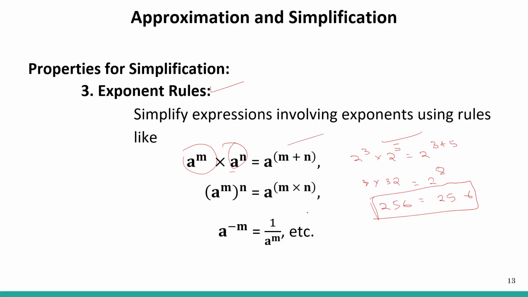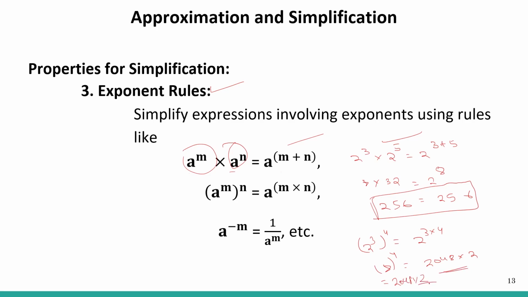Let's see the second case: 2 power 3, whole power 4. This will be equal to 2 power 3 into 4, which is 2 power 12, that is 2048 into 2. Also 2 power 3 is 8, and 8 power 4 is 4096, the same amount.